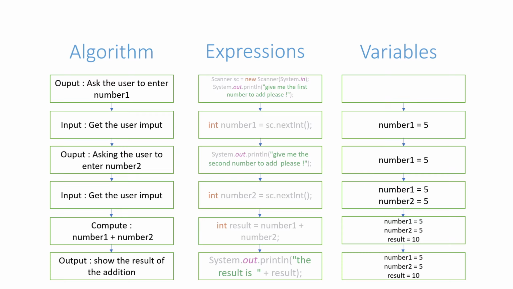So in the left part of this slide, I'm showing you the algorithm of our last exercise we did together, the calculator exercise. In the middle part of this slide, I'm showing you the source code we decided to provide to solve this algorithm, to be connected to this algorithm.